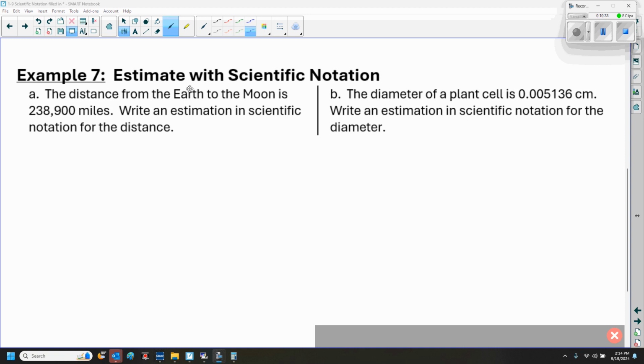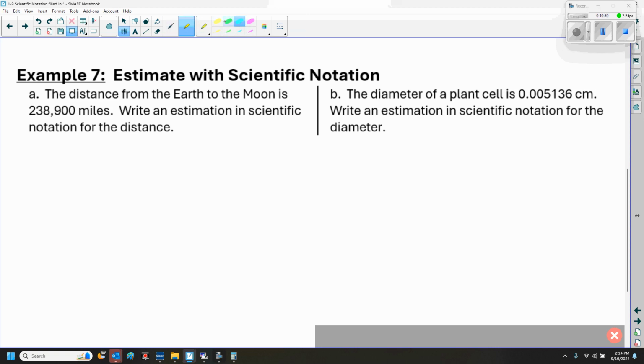So for example 7, we are going to estimate with scientific notation. It says the distance from the Earth to the Moon is 238,900 miles. We want to write an estimation in scientific notation for the distance. Okay?